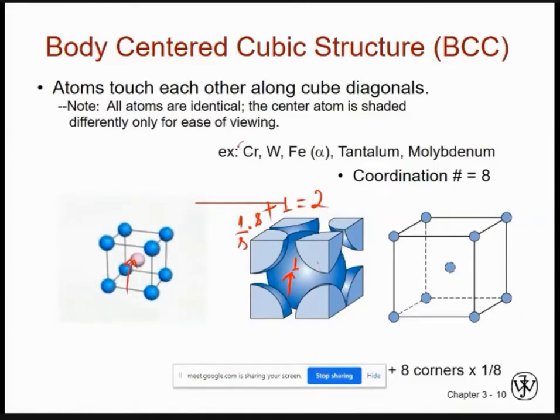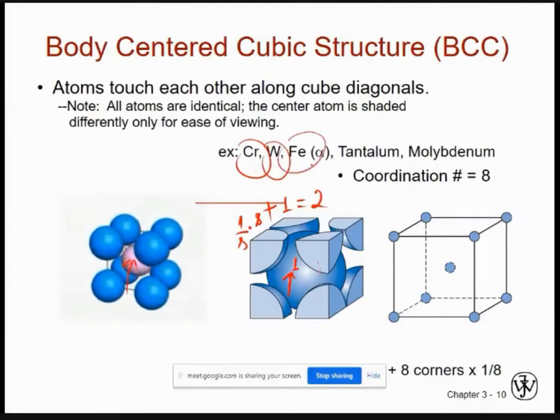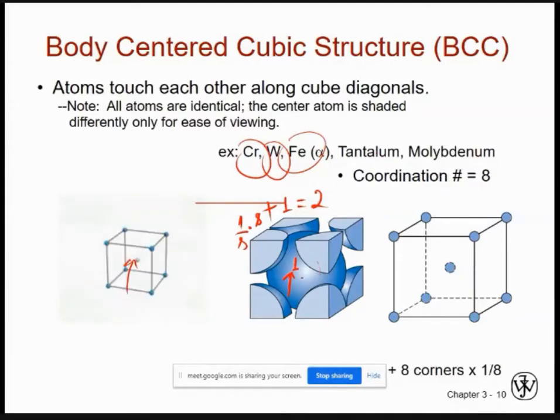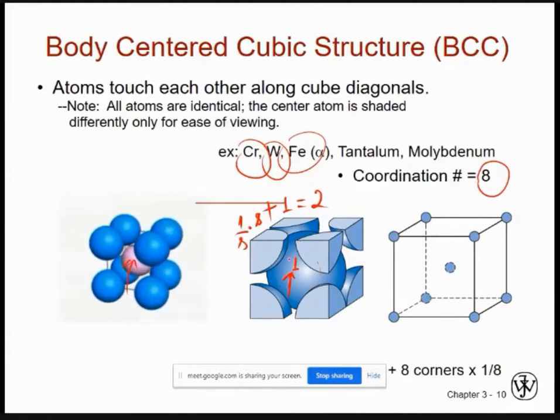Here we see that chromium, tungsten, and iron have BCC crystal structure, and others. So what's coordination number? Again, coordination number is the amount of neighbor atoms that touch a single atom.